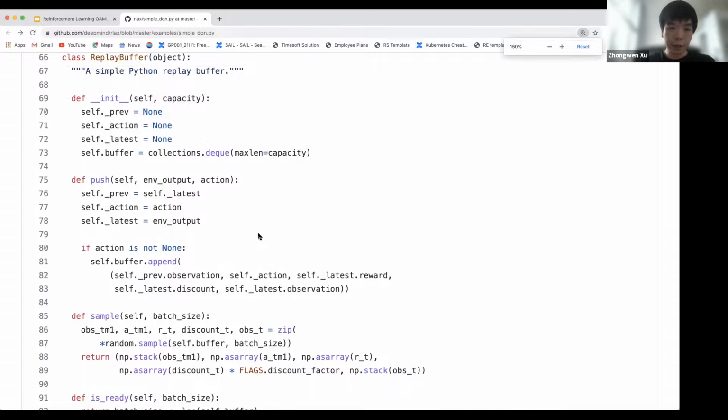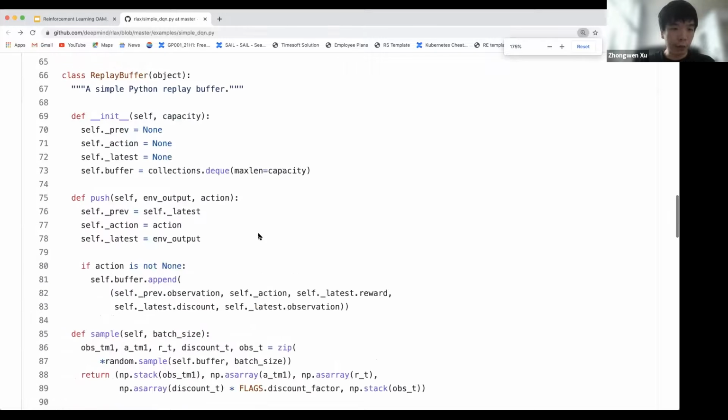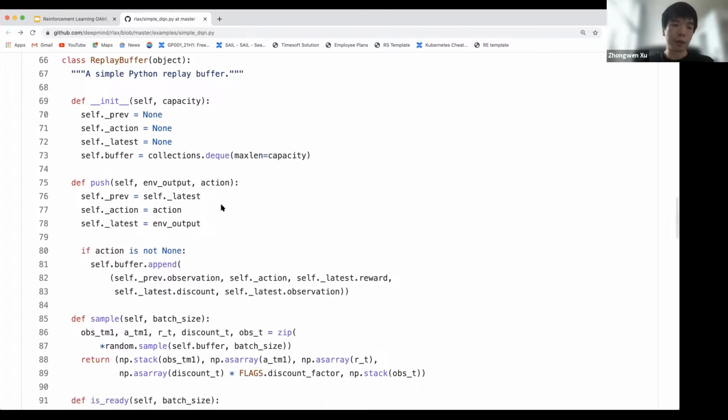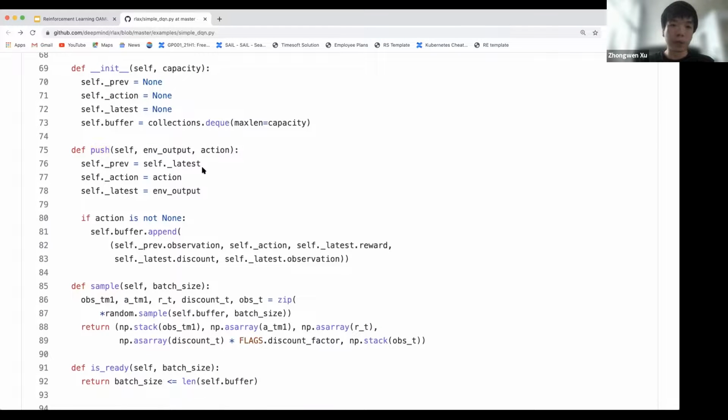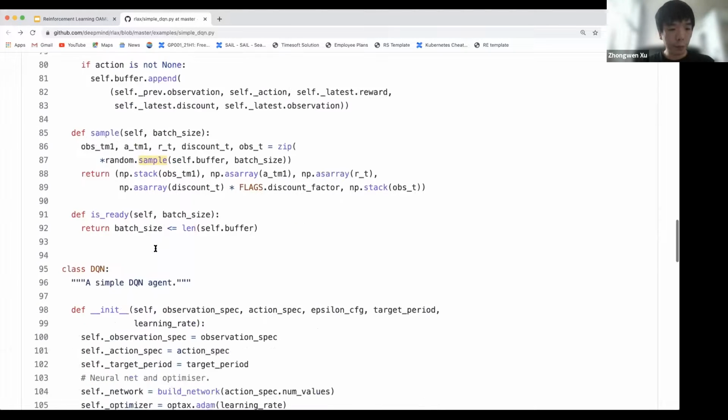This buffer is actually a very simplified implementation of the more advanced buffers, but it does what the basic requirement of a replay buffer does.